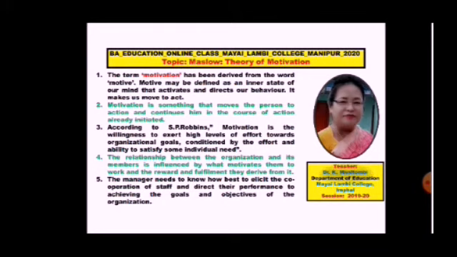Fourthly, the relationship between the organization and its members is influenced by what motivates them to work and the reward and fulfillment they derive from it. Thus the manager needs to know how best to elicit the cooperation of staff and direct their performance to achieving the goals and objectives of the organization.